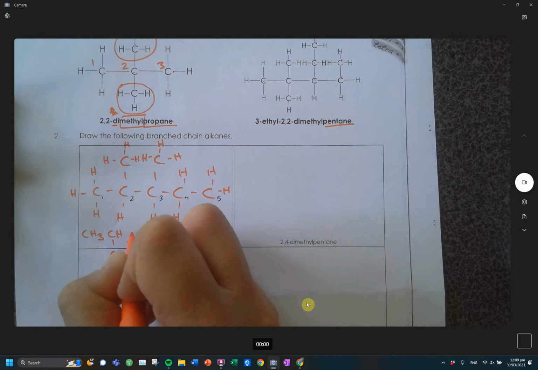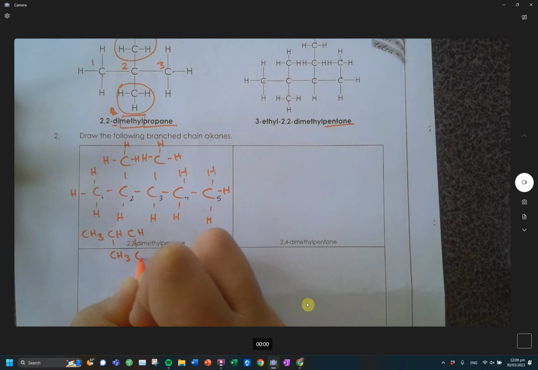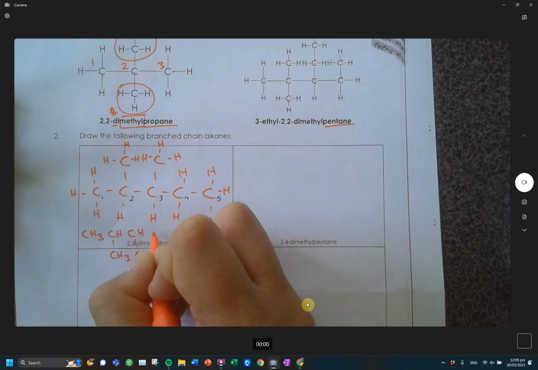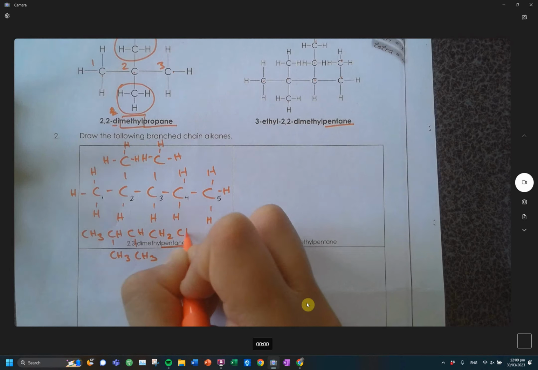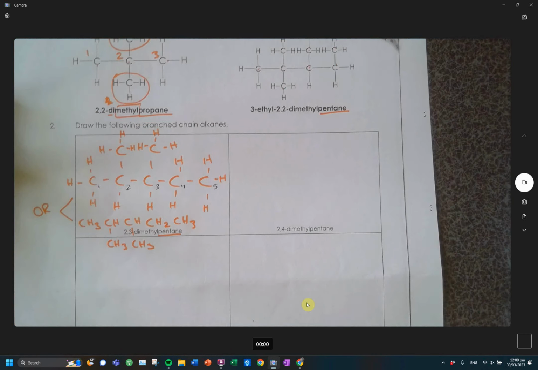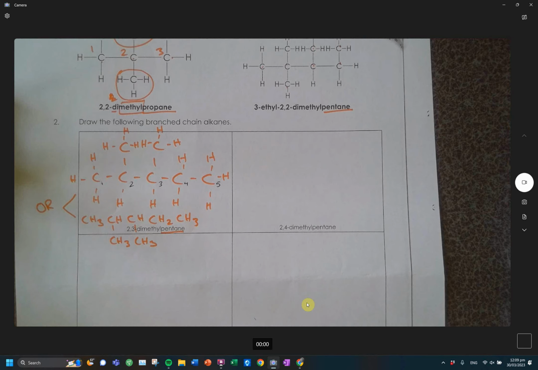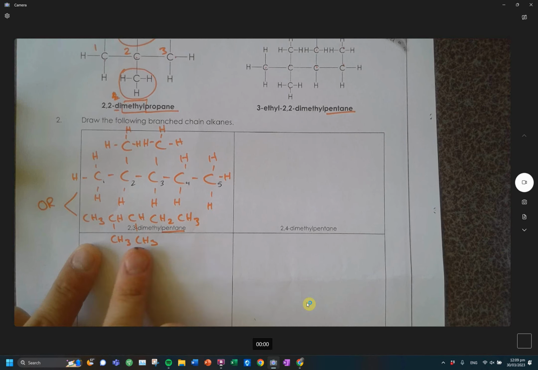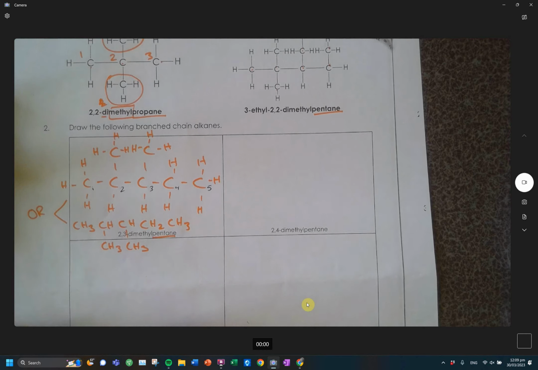I'm happy with that as well. Either or is fine. So this one here is just the condensed structure.